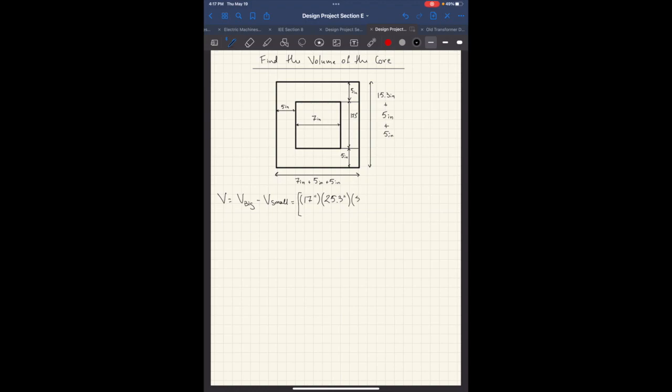And finally, we multiply by 5-inch depth. Now, the little guy, the donut hole over here, is going to be 7 inches times 15.3 times 5-inch depth. Punch these in, and you get that the volume is 1615 inches cubed.